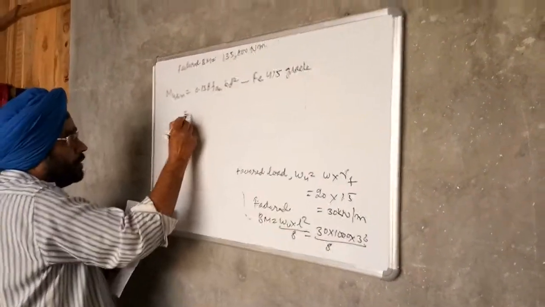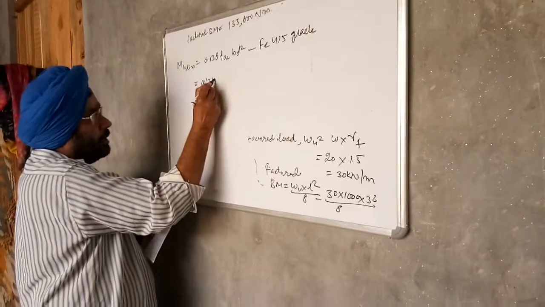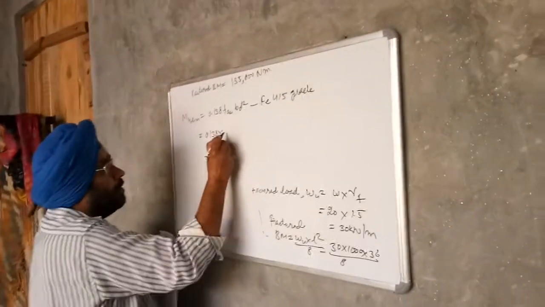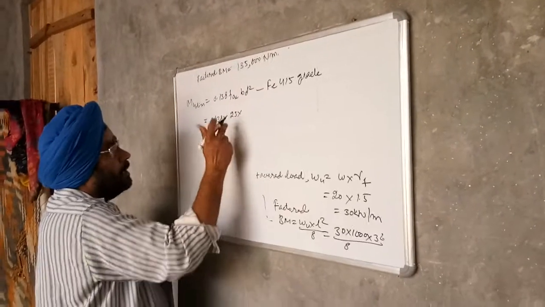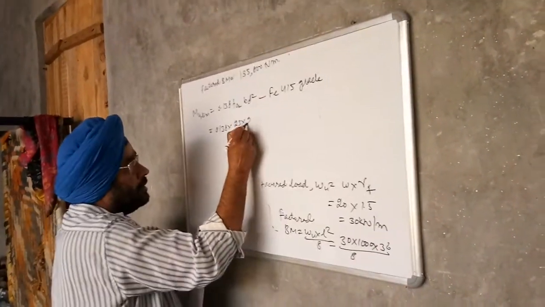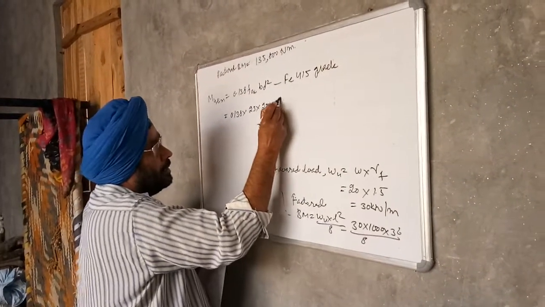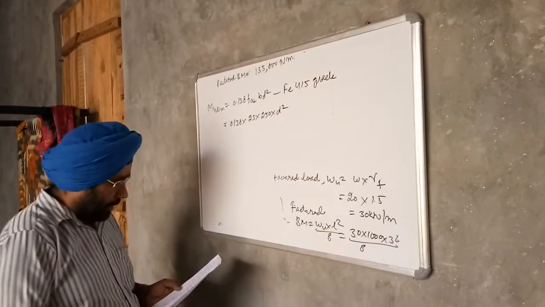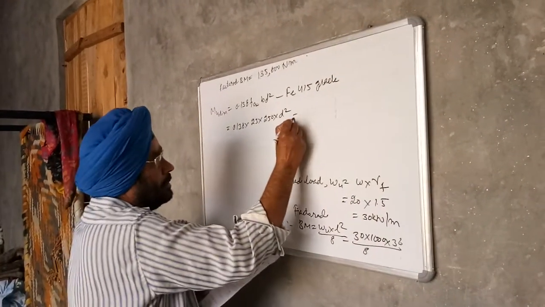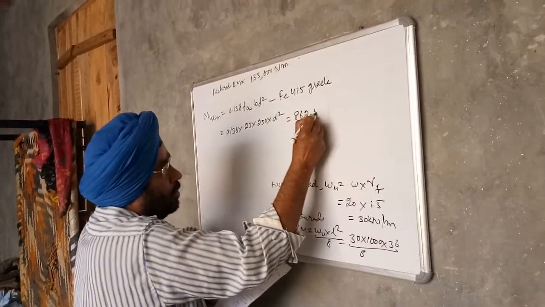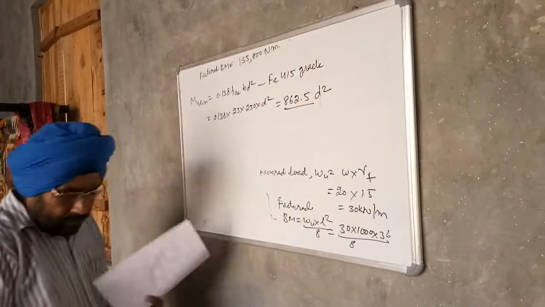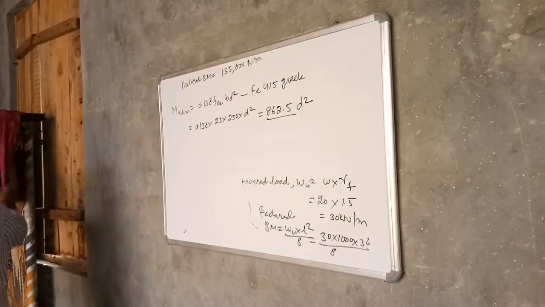So putting 0.138 fck, fck value is 25 because M25 grade concrete. Width of the section is 250, d square. So we get limiting moment of resistance as 862.5 d square.